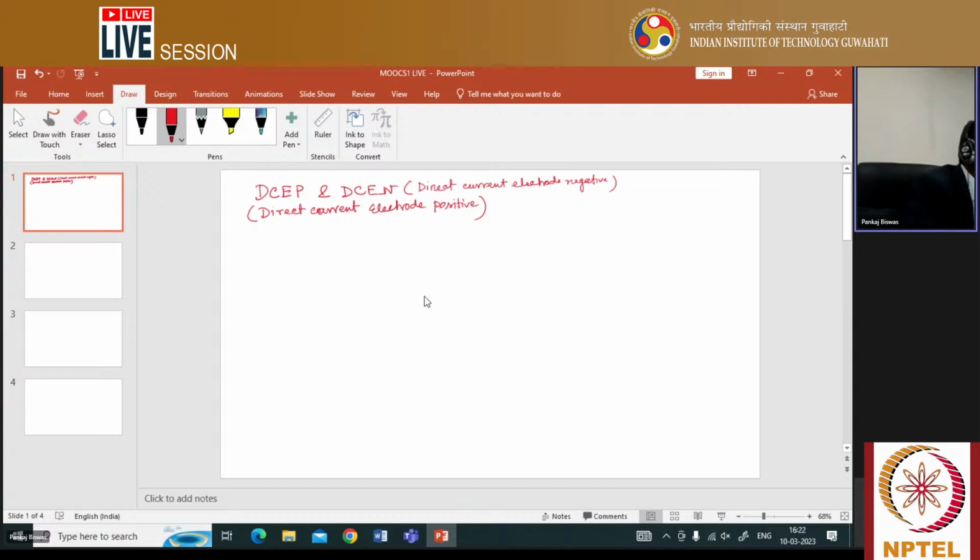So let us consider this is the workpiece where we want to do the welding.